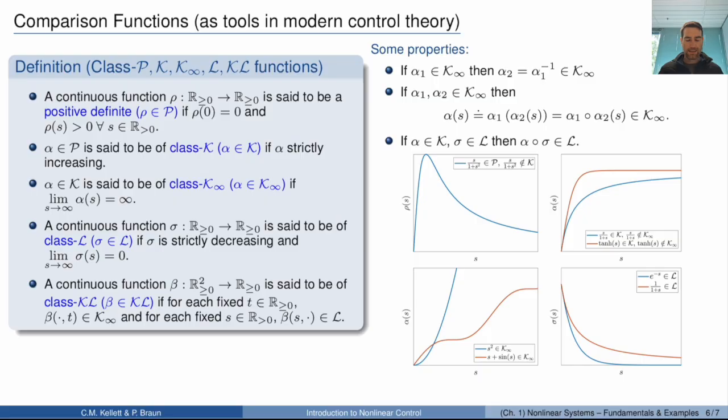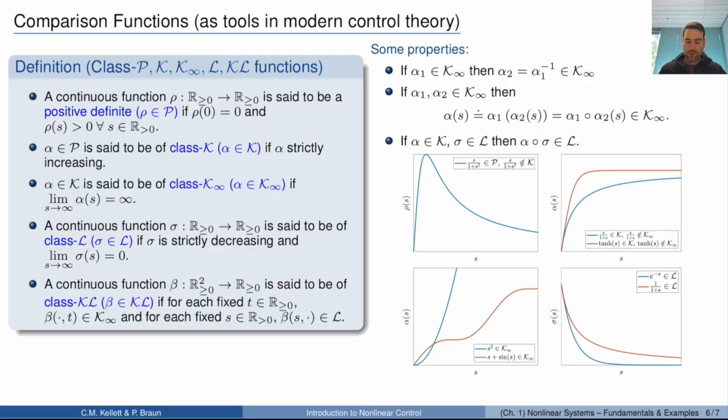Next class then is K infinity functions. So we additionally require one additional property, namely that the function goes to infinity when its argument goes to infinity. So these functions here are strictly monotonically increasing, but converge to a fixed value, whereas the functions shown here grow unboundedly and go to infinity. The nice property of K and K infinity functions is that they are invertible, and that's used in a lot of proofs.